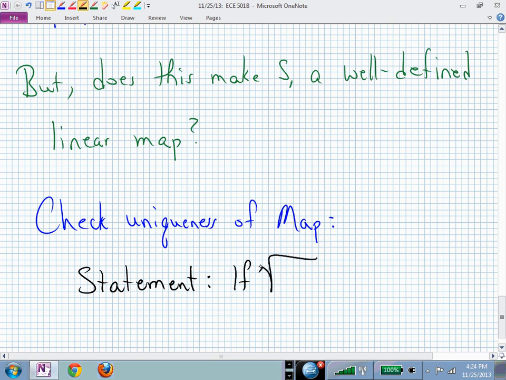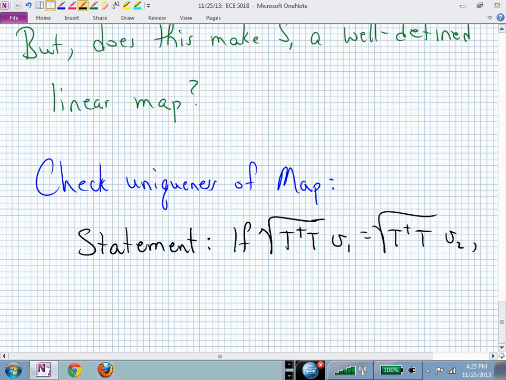If the positive square root of T dagger T V1 is equal to the positive square root of T dagger T V2, then if we take a V1 and a V2 and operate on those with the same operator, positive square root of T dagger T, then we better get that T V1 must equal T V2.